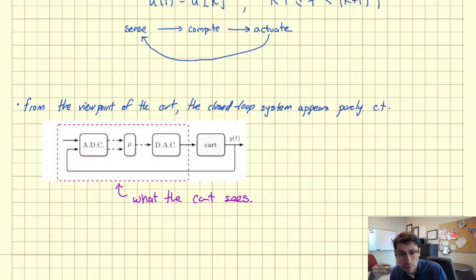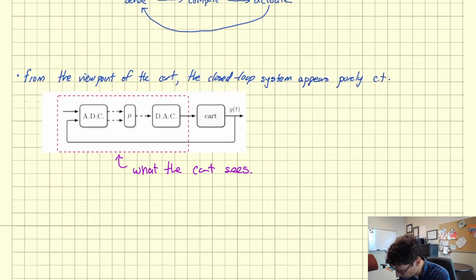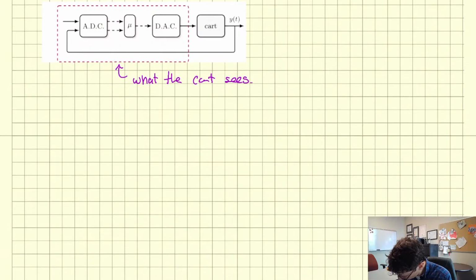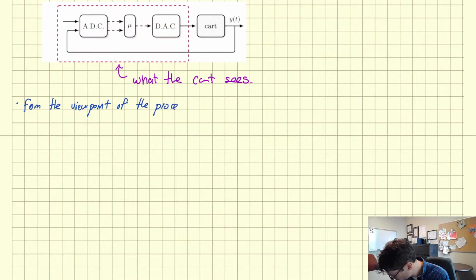On the other hand, if you take the point of view of the processor, it's going to see a purely discrete time system, right? It's receiving information from the ADC and sending information to the DAC. So conversely, from the viewpoint of the processor, the closed loop system is purely discrete time.